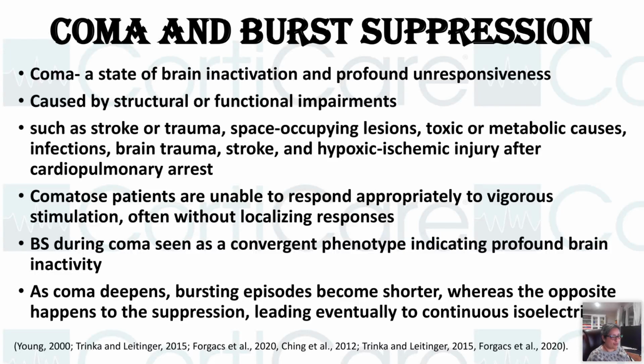Maybe the function of the neurons is not there. The patient had a stroke, lesions, maybe some toxic and metabolic reasons, some trauma to the brain, or hypoxic ischemic injury after cardiac arrest. All those conditions can cause inactivity of the brain, of the neurons, and can lead to burst suppression.